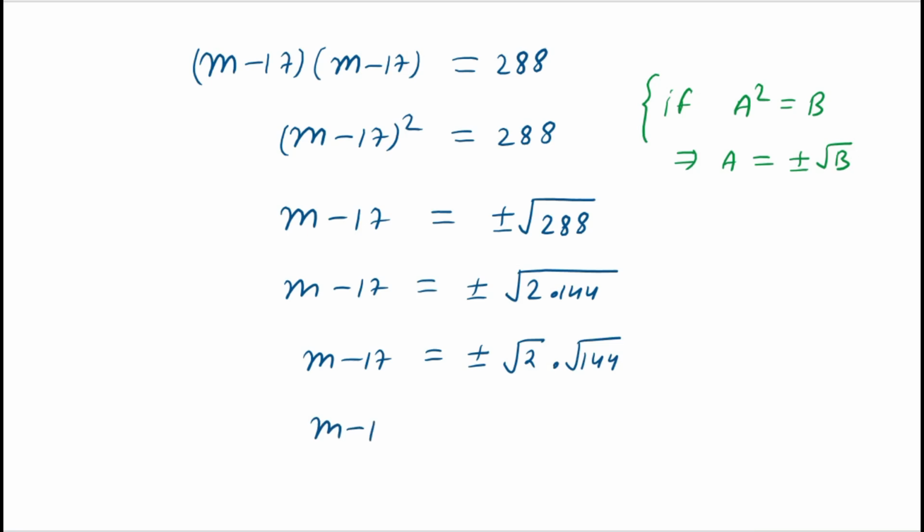M minus 17 is equal to plus minus, square root of 144 is 12, times square root of 2. Now if we add 17 to both sides, then the value of m is equal to 17 plus minus 12 times square root of 2. We have m is equal to 17 plus minus 12 times square root of 2.